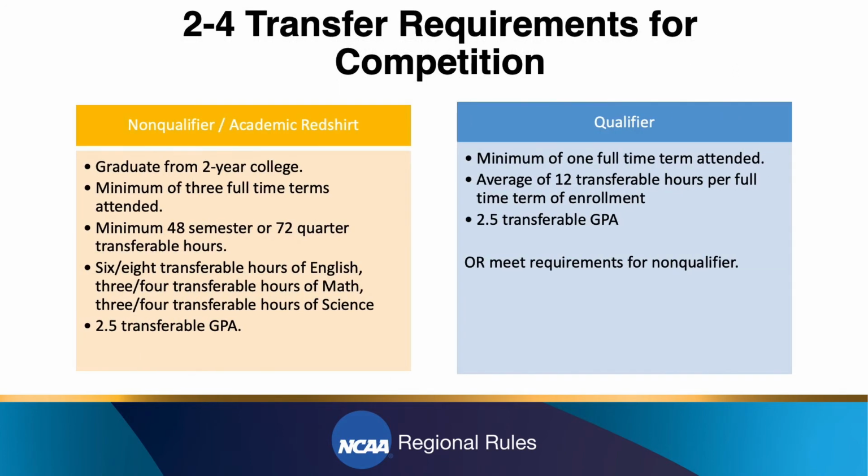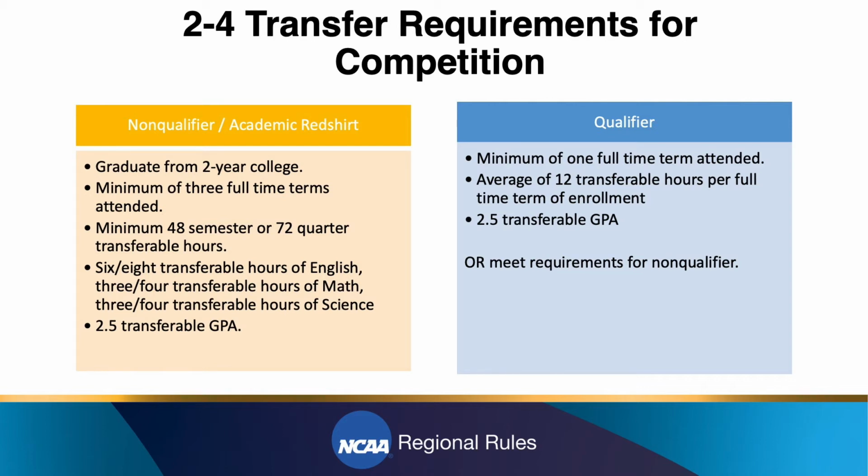Listed below are the competition requirements for 2-4 transfer student athletes. You may notice the transfer requirements differ based on the student athlete's qualifier status. A non-qualifier academic redshirt student athlete must meet the following criteria to be immediately eligible.